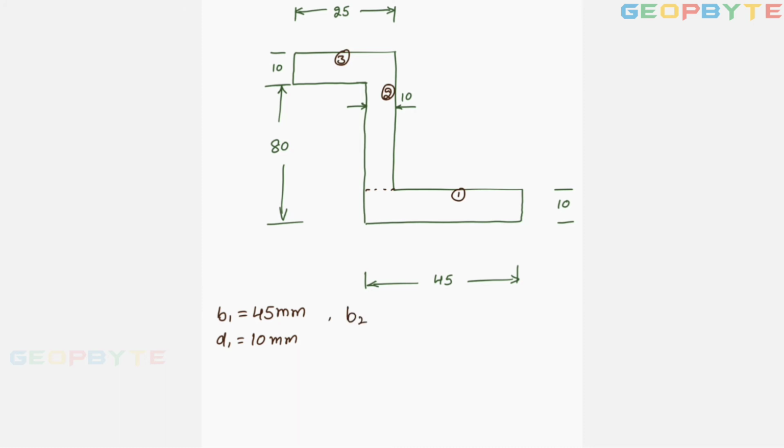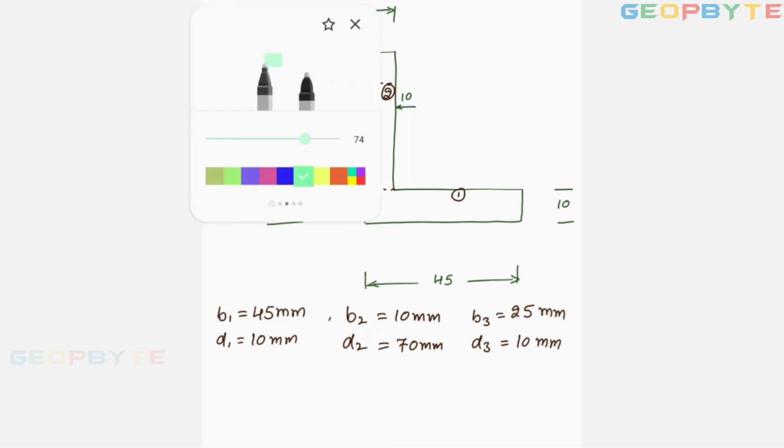Similarly, B2 equal to, for section 2, width equal to 10 mm, D2 equal to 80 minus 10, 70 mm. B3 equal to 25 mm, D3 equal to 10 mm. Means I cut the section into three blocks like this.